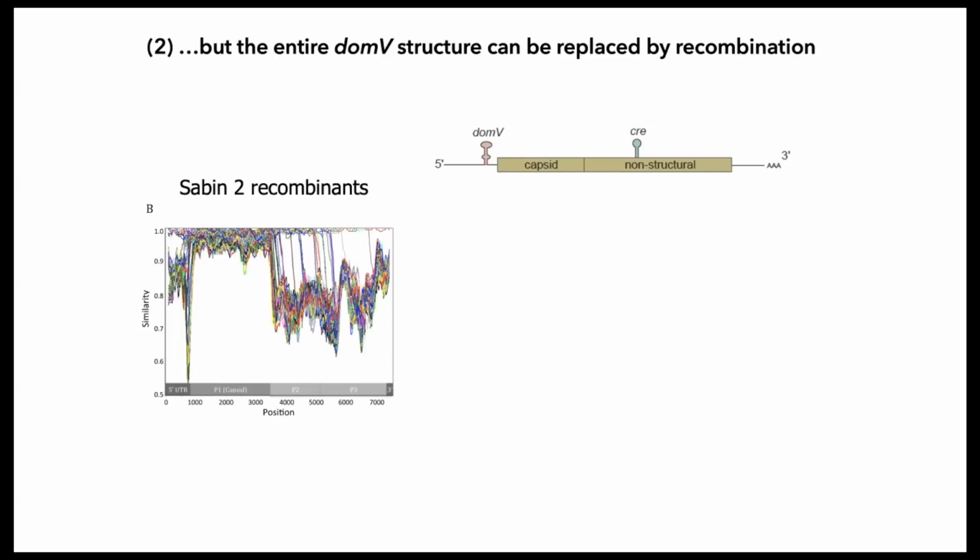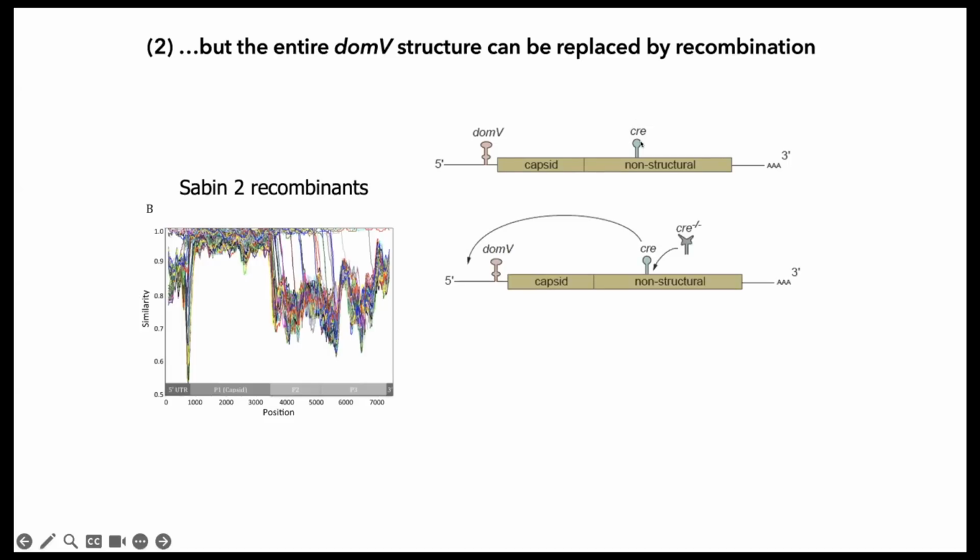And so to prevent that, we focus on this other structure, the CRE, the cis-acting replication element, a critical element for the initiation of RNA synthesis in picornaviruses. And the idea was to eliminate this structure or mutate the structure so it's not functional anymore in this position, and move the wild-type structure closer to the structure that we want to maintain in the genome.